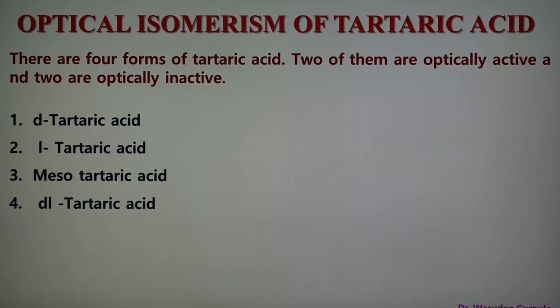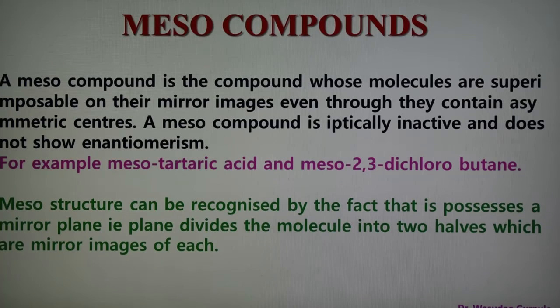Now, in the optical isomerism of tartaric acid, these are the four: D tartaric acid, L tartaric acid, meso, and DL tartaric acid. And what is a meso compound? A meso compound is a compound whose molecules are superimposable on their mirror images, even though they contain asymmetric centers. A meso compound is optically inactive and does not show enantiomerism.